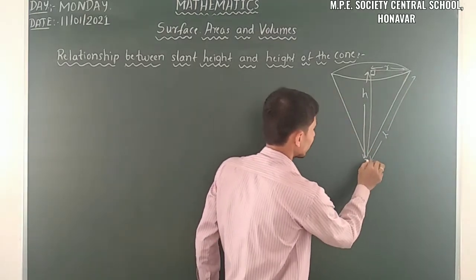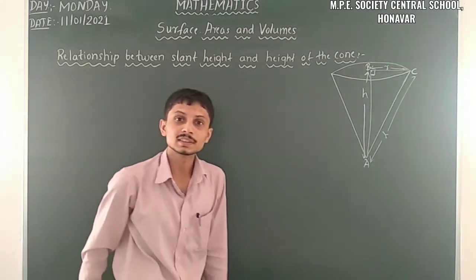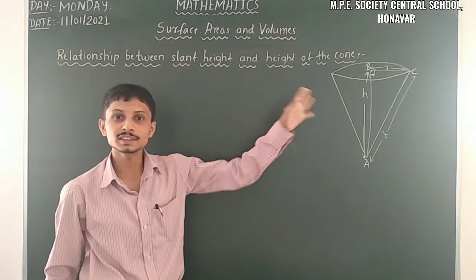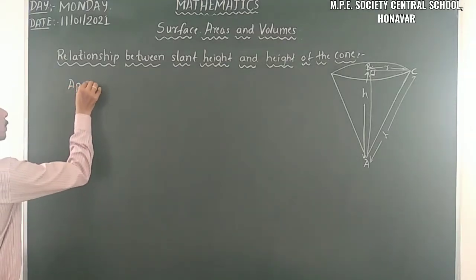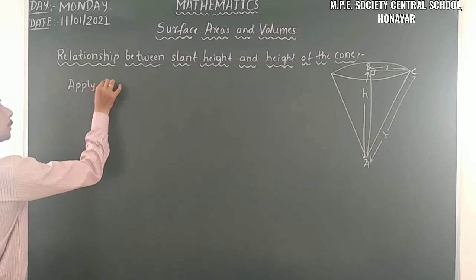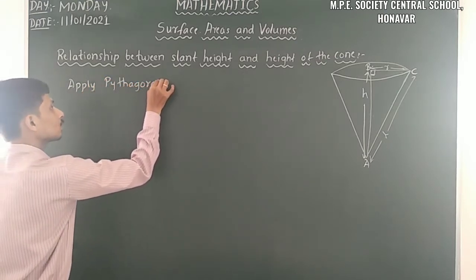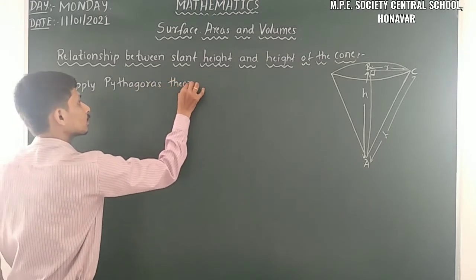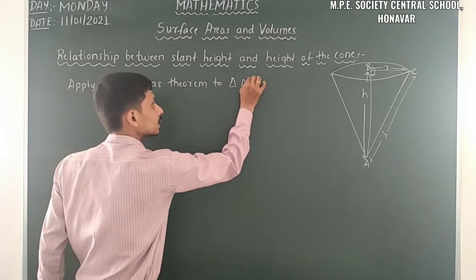Here I will name it A, B and C. Let us apply the Pythagoras theorem to triangle ABC.